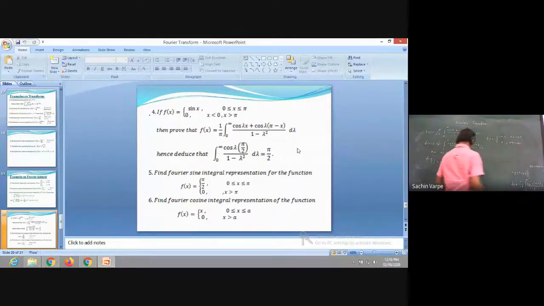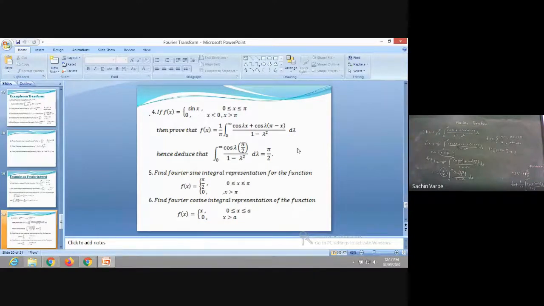So x equal to pi by 2 lies in this interval, and for that value of x, the function value is sine. So f of pi by 2 is sine of pi by 2, which is 1. And we'll use that here. And therefore, we take this 2 by pi to the left hand side, and that is what the required thing we want.